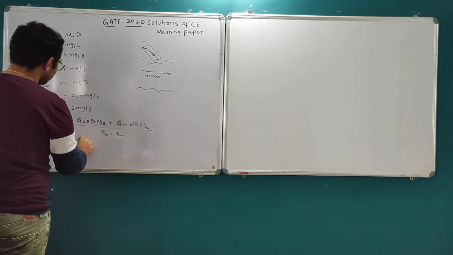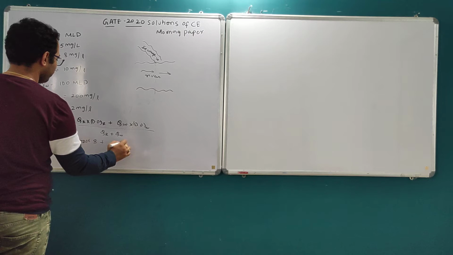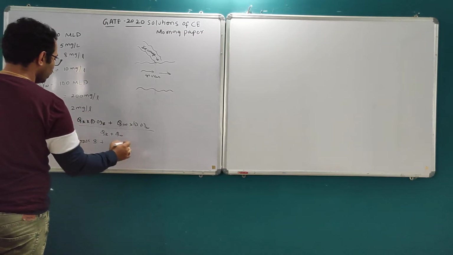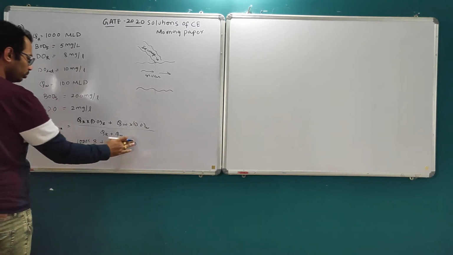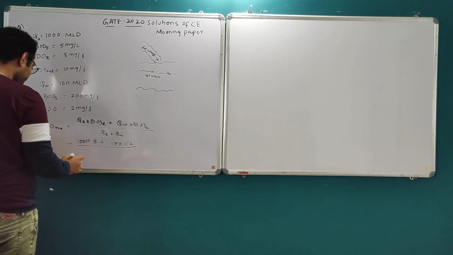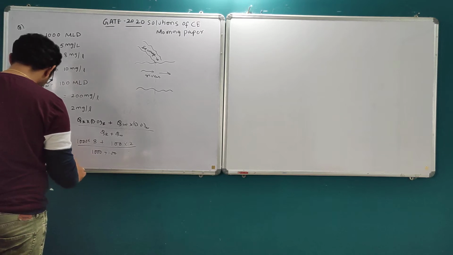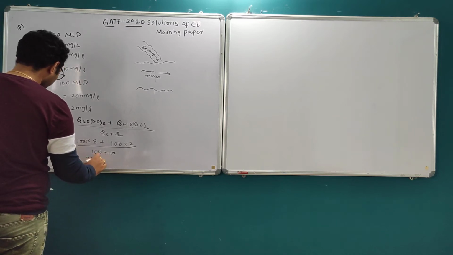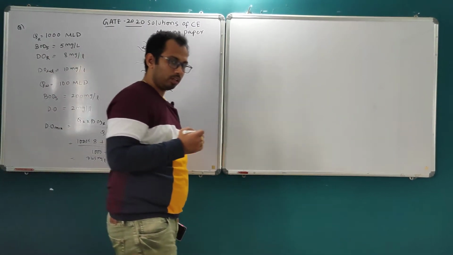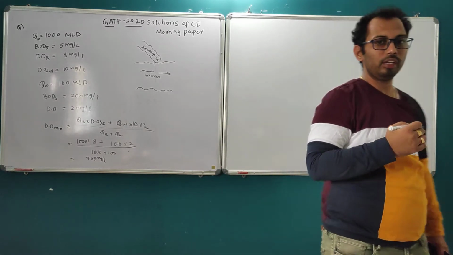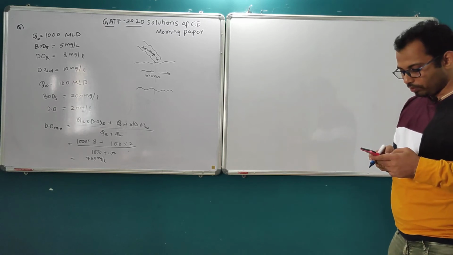So using this formula, 1000 into 8 plus 100 into 2, by 1000 plus 100. That means this is the DO of the mixture, 7.45 mg per liter. So after mixing of this sewage water into the river water, the DO is how much? 7.45.